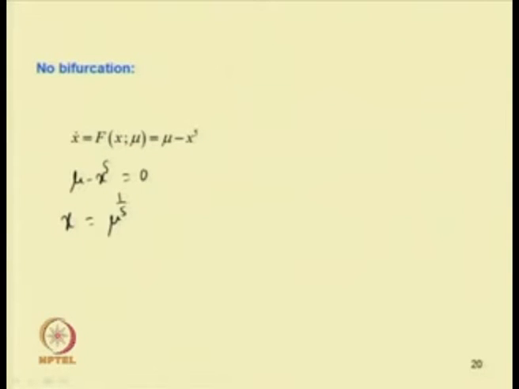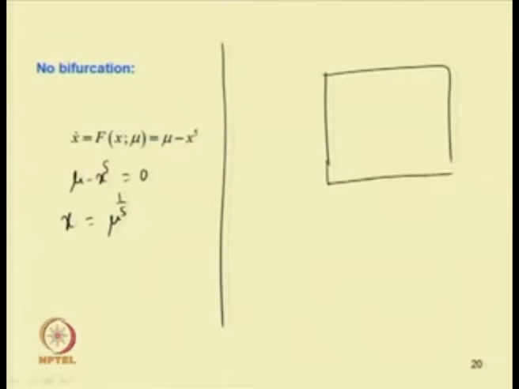If you want to plot this in the x-mu control space, that is x versus mu, at mu equal to 0 and x equal to 0.